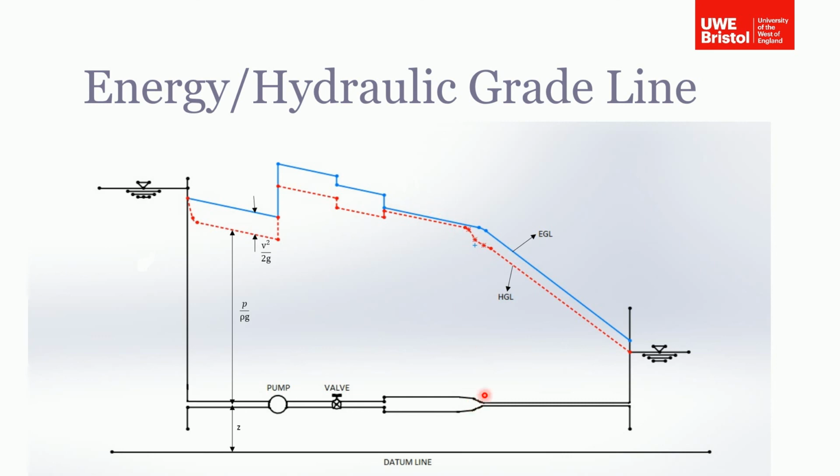Then there are losses associated with the water flowing out from this gradual contraction, and then you see here that the gradient also changes. That indicates that there's higher frictional losses in this pipe due to the change in diameter and perhaps change in material as well.